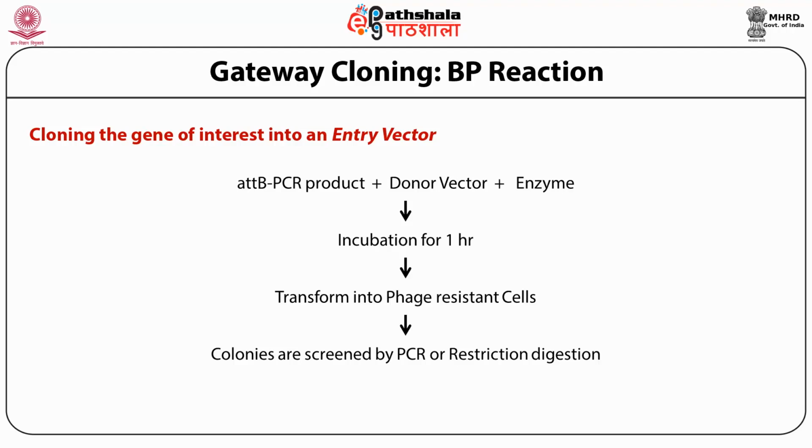Usually, this reaction is allowed to be carried out for 1 hour. Then the reaction mixture is transformed into competent cells which are resistant to phage. Transformants are screened by PCR as well as using the selection markers, and then also confirmed by restriction digestion, Southern blot, Northern blot, or any other method available in the lab.